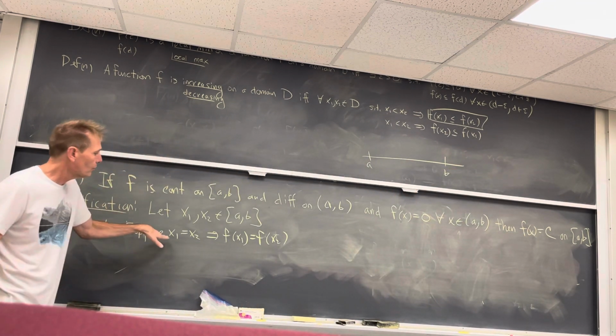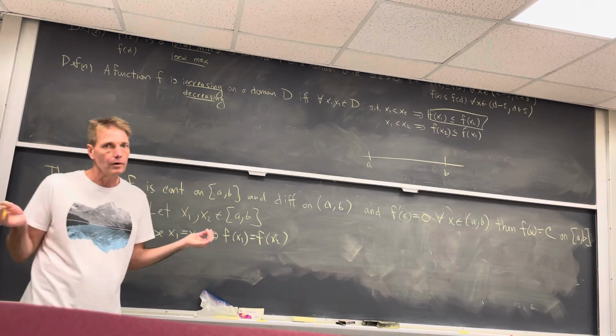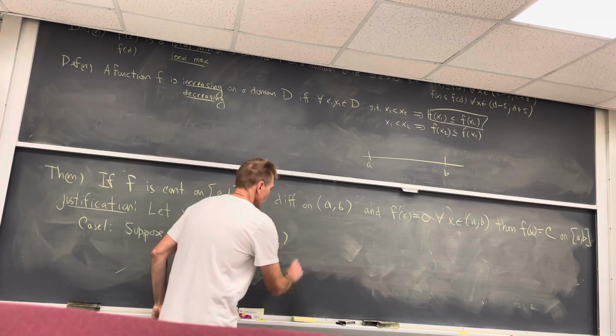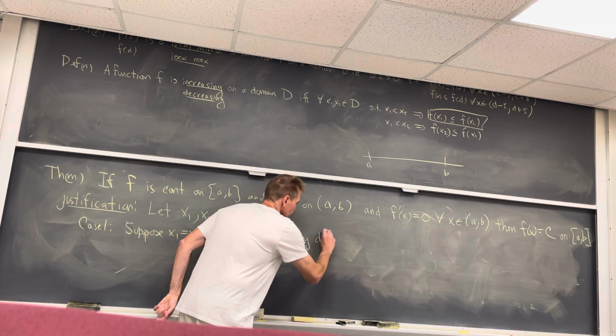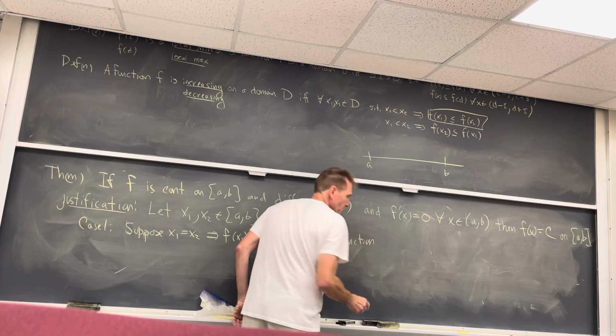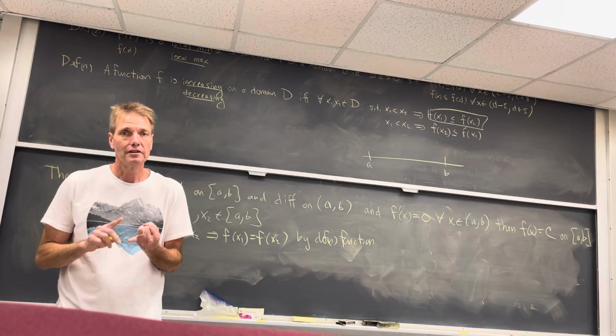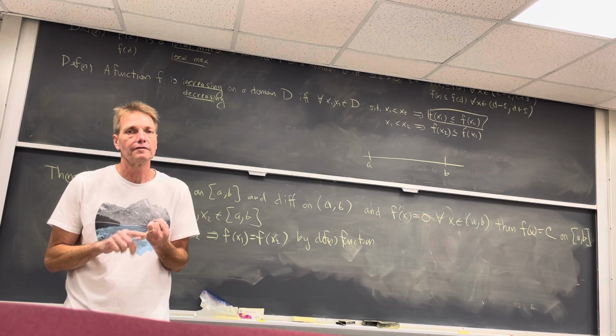Now notice, this one falls pretty quick. If x1 is equal to x2, then f of x1 is equal to f of x2. And this is just by the definition of a function. What's the definition of a function again? James, what's the definition of a function?